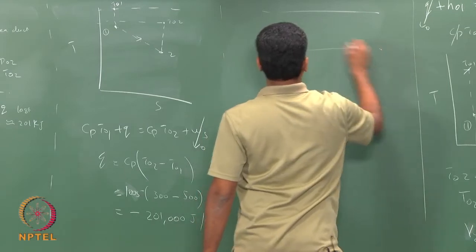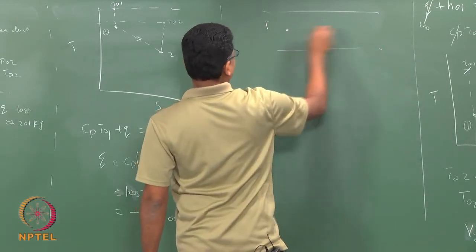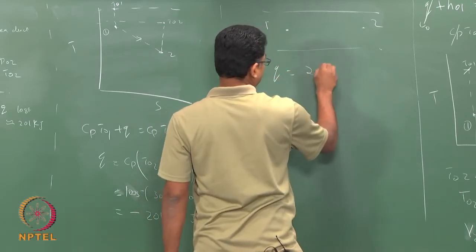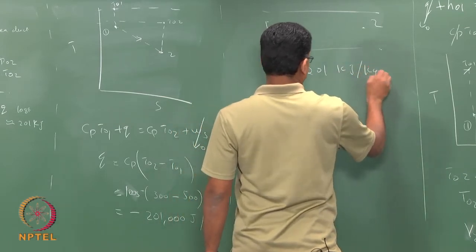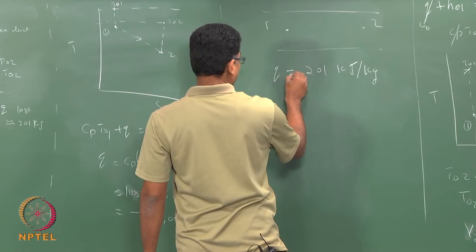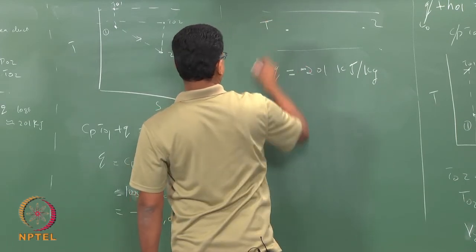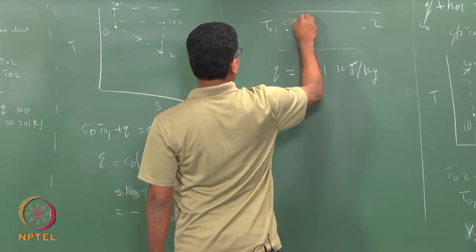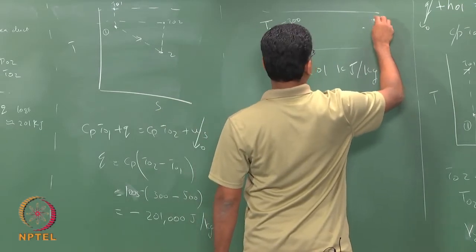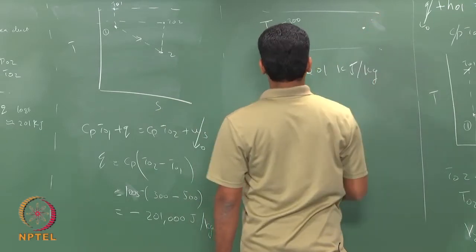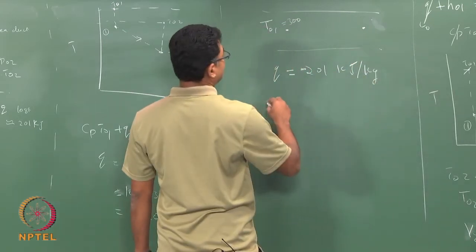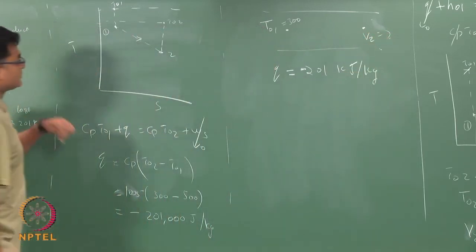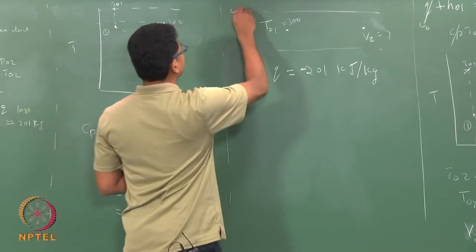So, if I have this 1 and 2, if Q is, let us take 0.1 kilojoule per kg with a minus sign, and I have T01 to be 300, what is my V2? So, from this equation I can find, so this is my question 4.